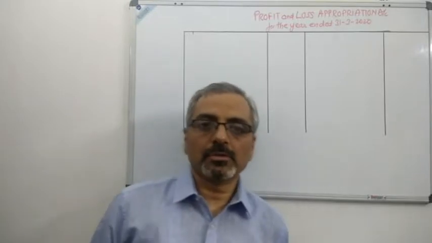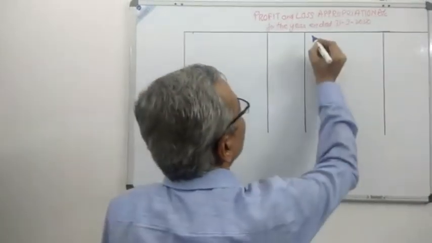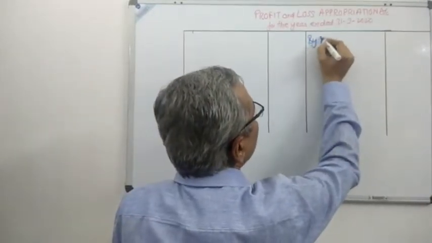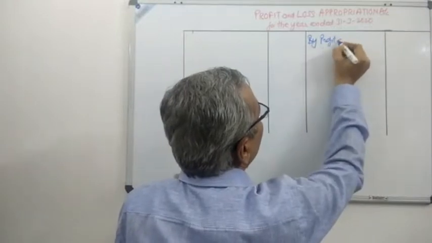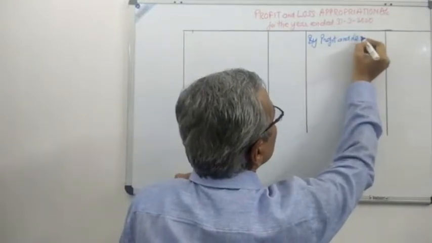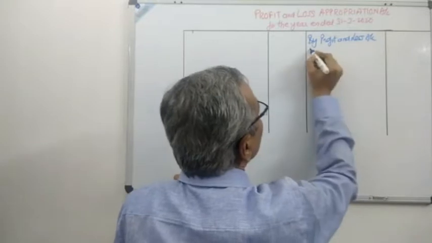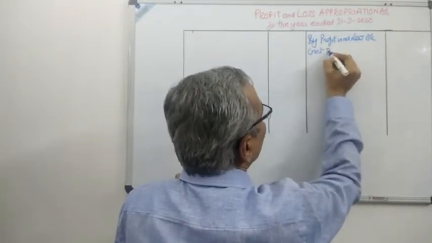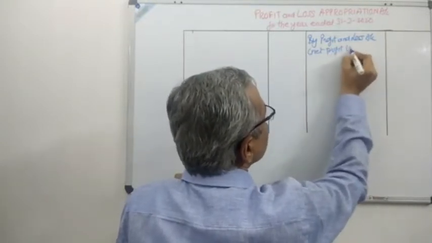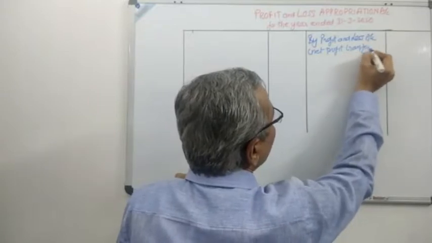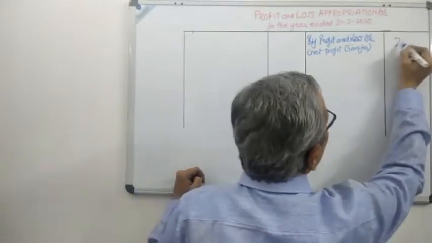We are given a profit sharing ratio, that is 3:2. So let us do the first entry, that is by profit and loss account, net profit transfer, and the amount is 75,000.